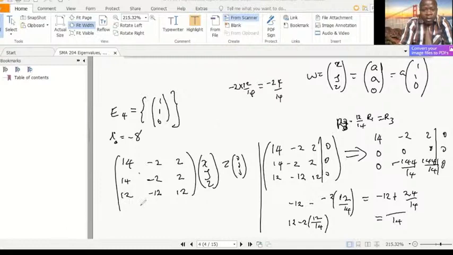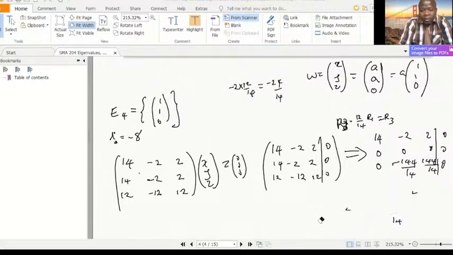Okay, so I think I need a bigger space. So let me just erase this part. I can see that I have the first equation and the second equation. Those are the equations that I want to use. The first equation says that 14x minus 2y plus 2z is 0.